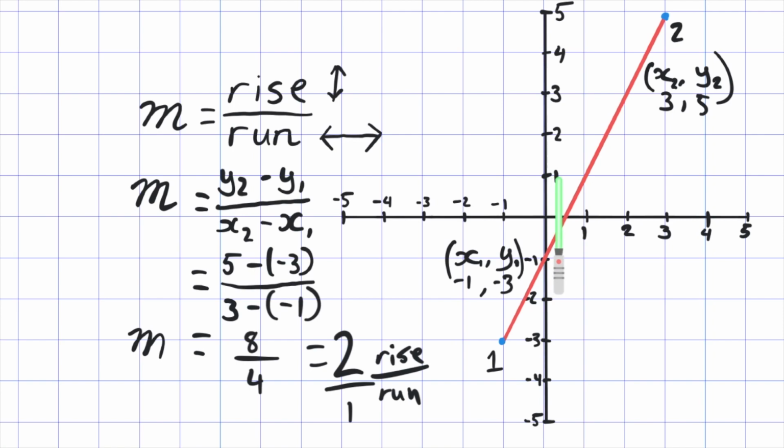Rise by 2, run by 1. It will continue along. Even when you get to this point here, if you want to continue the line, rise by 2, run by 1, and you'll get to another position that'll be on that line. That is how we calculate gradient.